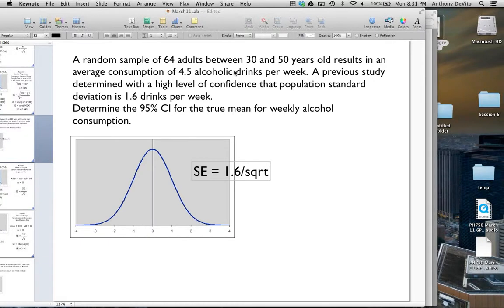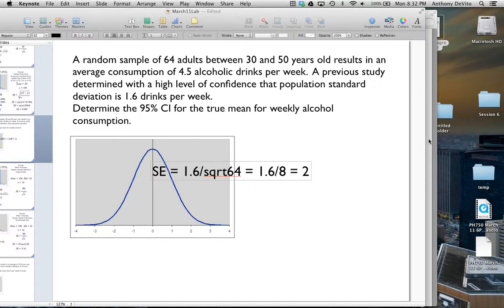Sample size was 64. So standard error is going to be equal to 1.6 divided by the square root of 64, which is 8. So 1.6 divided by 8 is going to be equal to 0.2. So our standard error is going to be equal to 0.2.